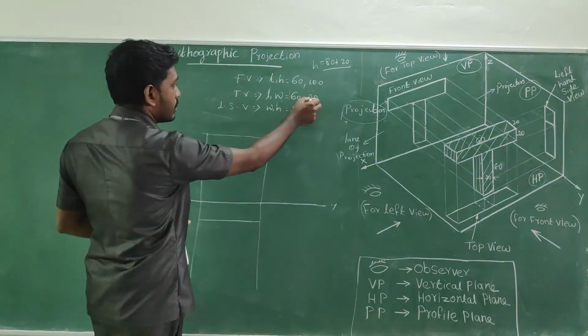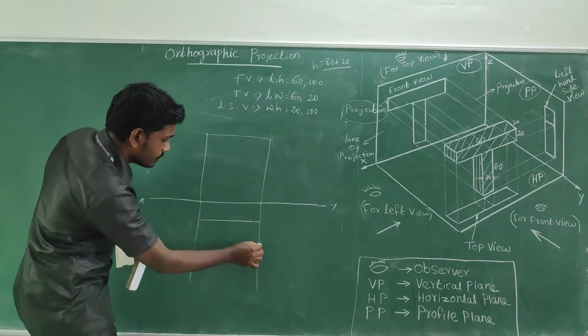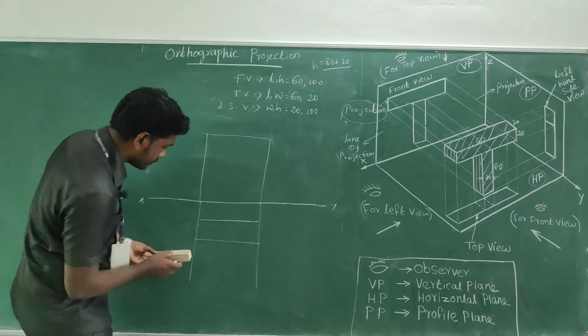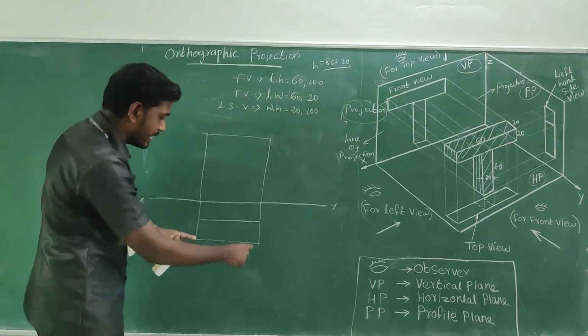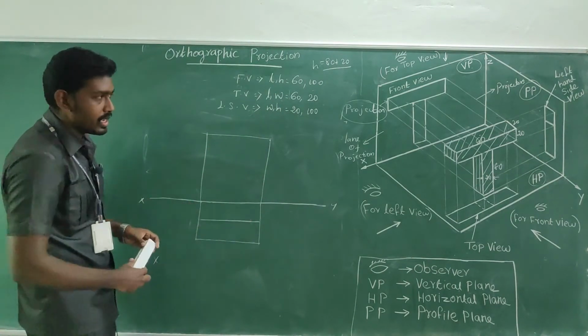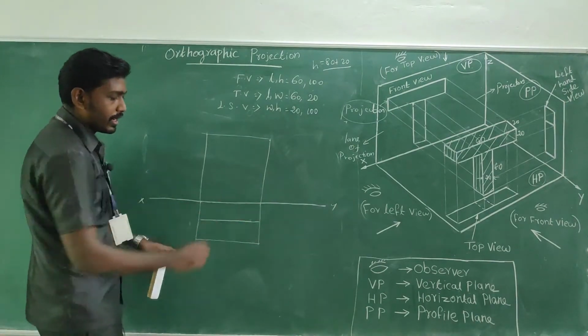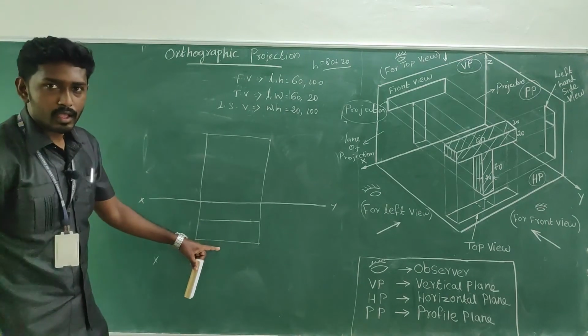Afterwards measure this width 20. From this end capture it and go for a line. The length of the object we can get by taking the projector, and the width of the object, measure it in the line and go for a line so that you could get the boundary 60 into 20, right?